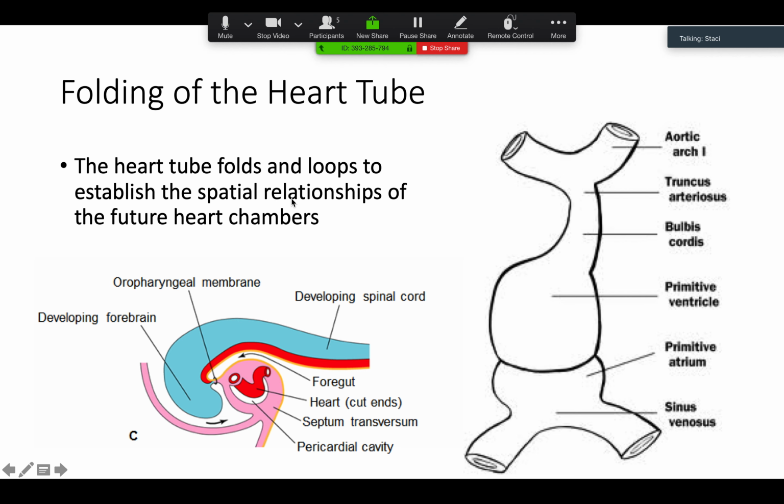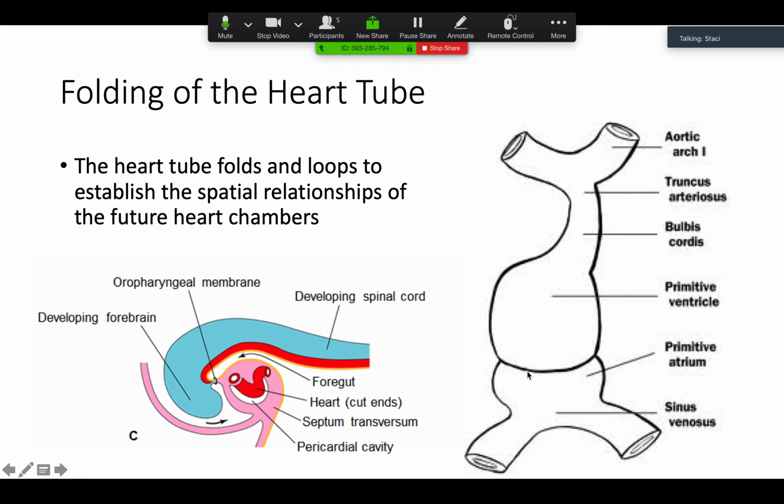Okay, so the heart fold, he loves folding. If there's something about folding or turning, it's really important in embryo. So the heart tube folds and loops to develop this spatial relationship for the future heart chambers. In the beginning, we've got this strange looking structure with a primitive ventricle and primitive atrium.